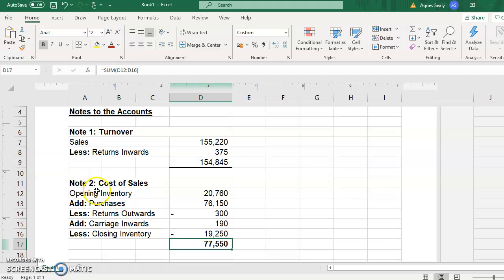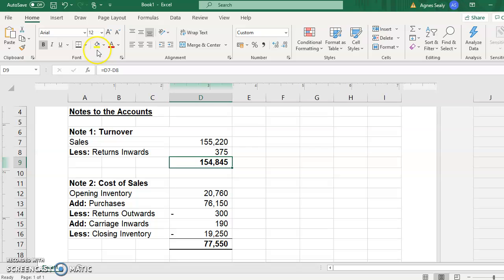And then we calculated our cost of sales, also known as cost of goods sold, by taking our opening inventory, adding our purchases to that figure, subtracting our purchases returns or returns outwards, adding our carriage inwards or any duties related to our purchases that would increase the cost of our purchases, and then we subtracted our closing inventory for the period, and we came up with a cost of goods sold figure of $77,550.